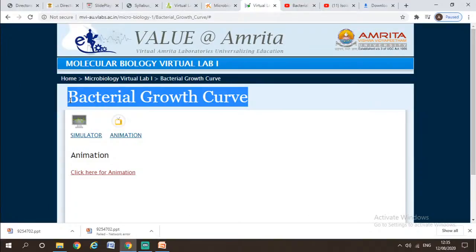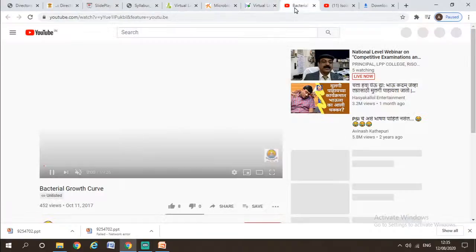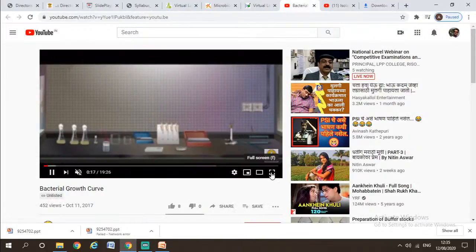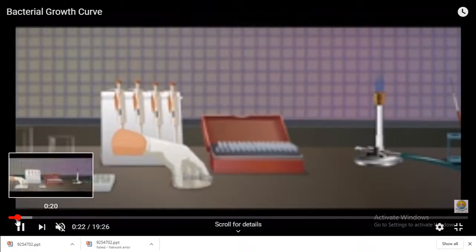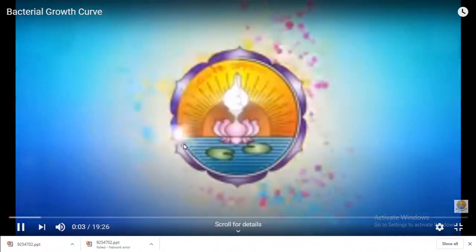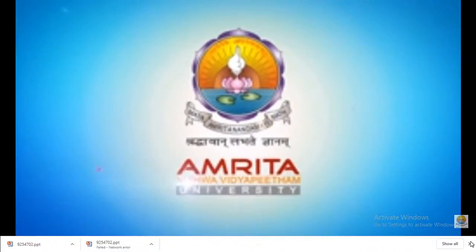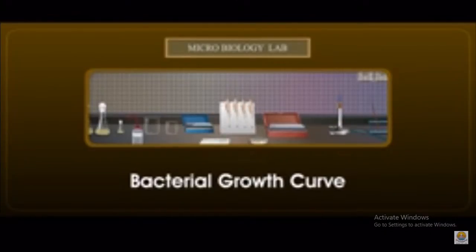Here is the procedure done to determine the bacterial growth curve.